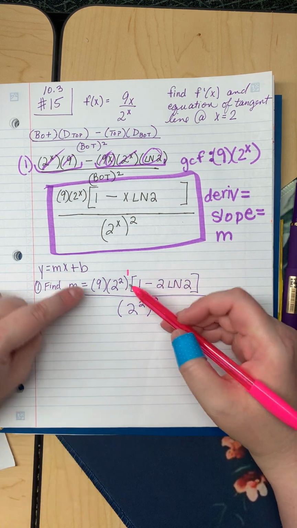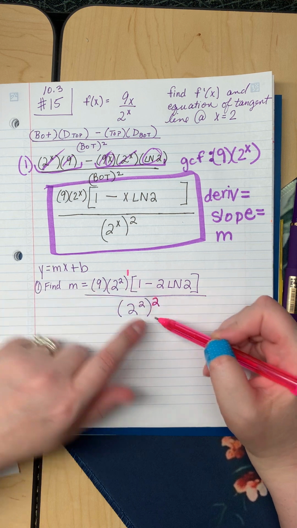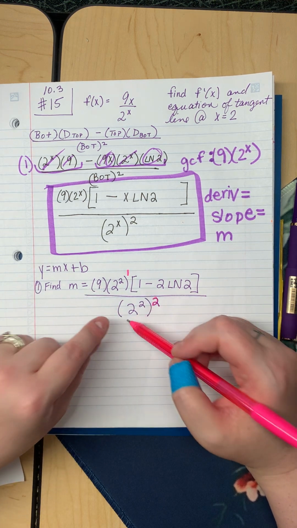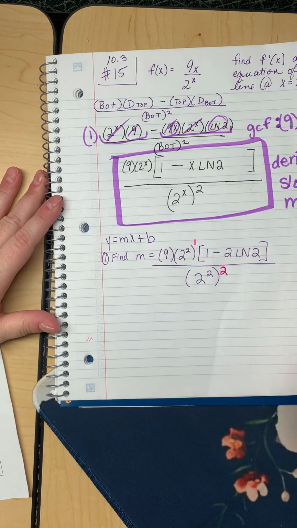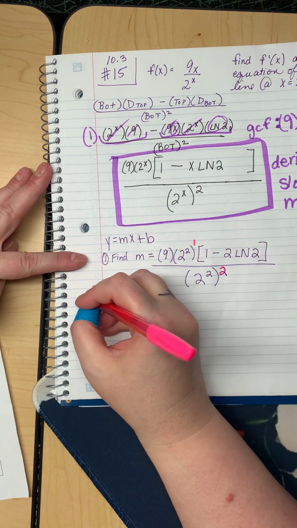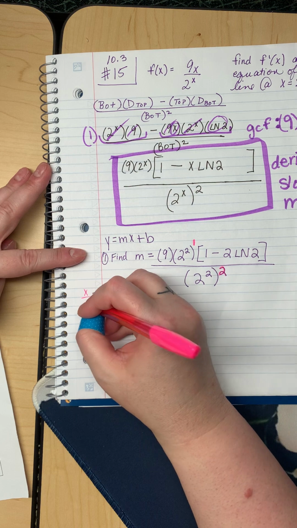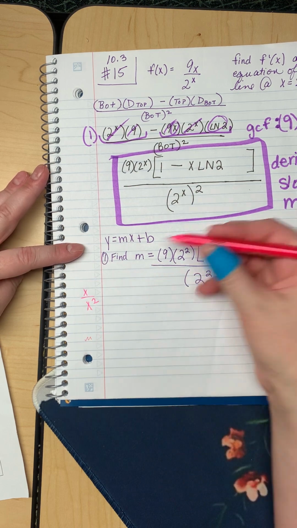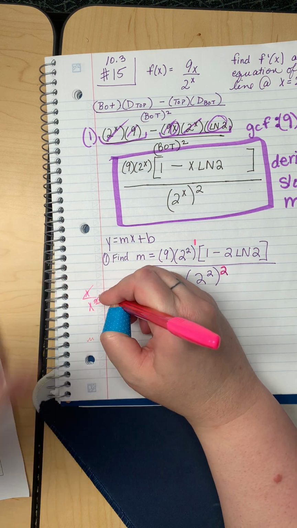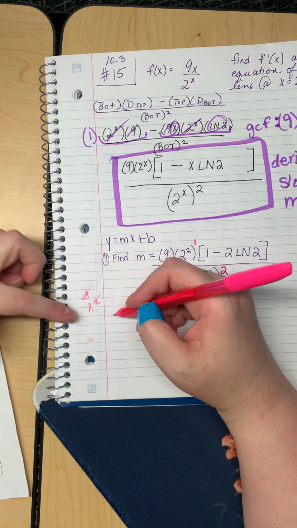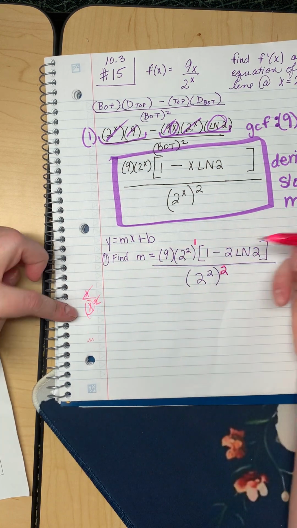So there's one 2 squared on top and two 2 squareds on bottom. That's just like saying there's x on top and x squared on bottom. You can cancel one of the x's from the top with one from the bottom, and all you're left with is an x on the bottom.